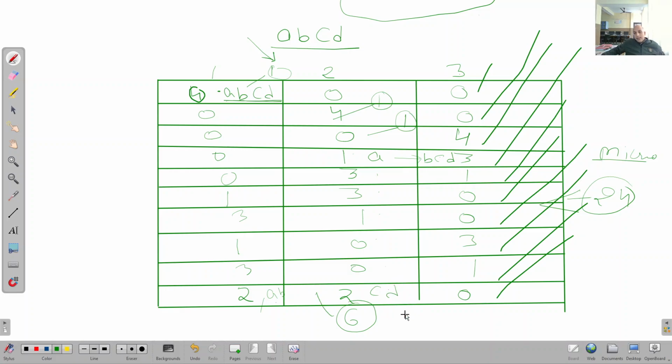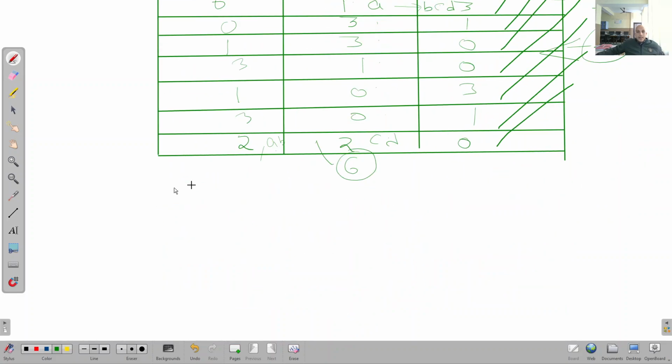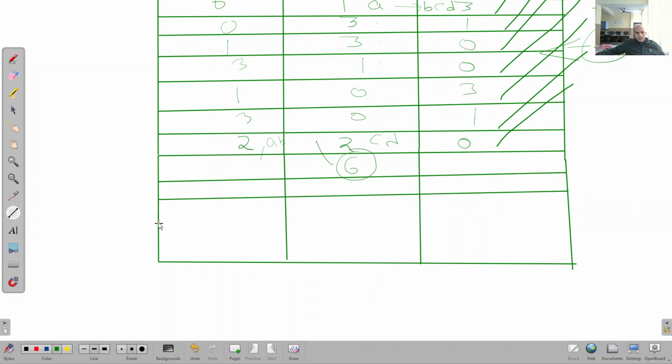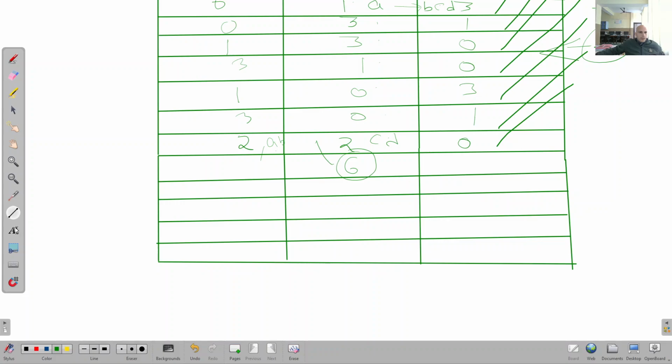So I told you that there are 3 macro states like 220. I can draw the lines for them.